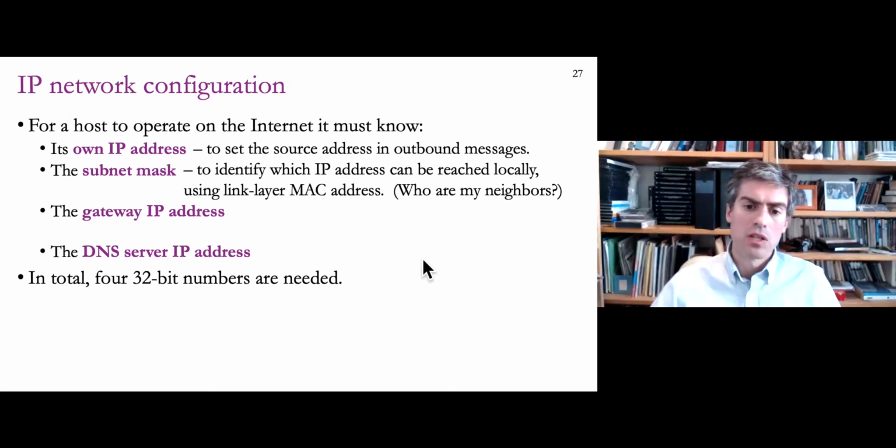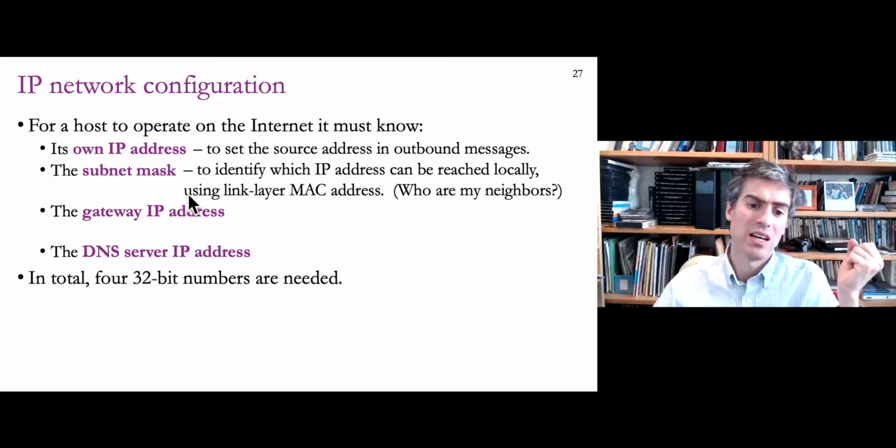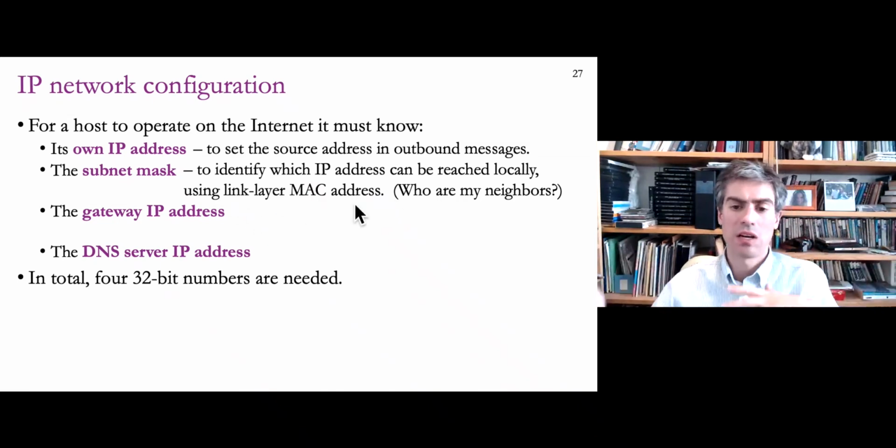Okay. So the subnet mask is used together with your own IP address to determine whether a particular destination address is a neighbor, in which case you can send the packet directly using link layer MAC addresses. Again, details of that we're not going to cover quite yet.